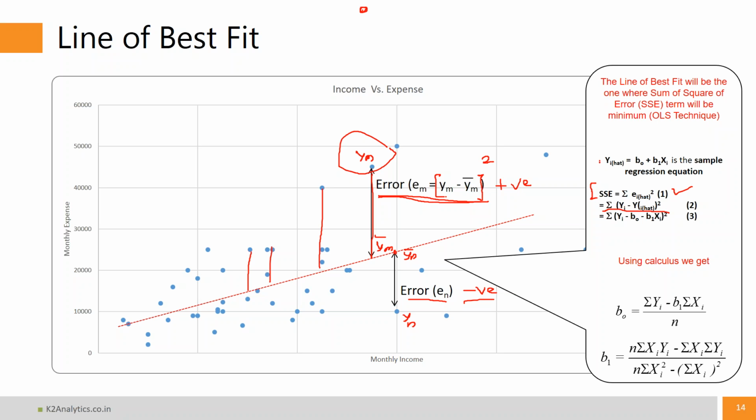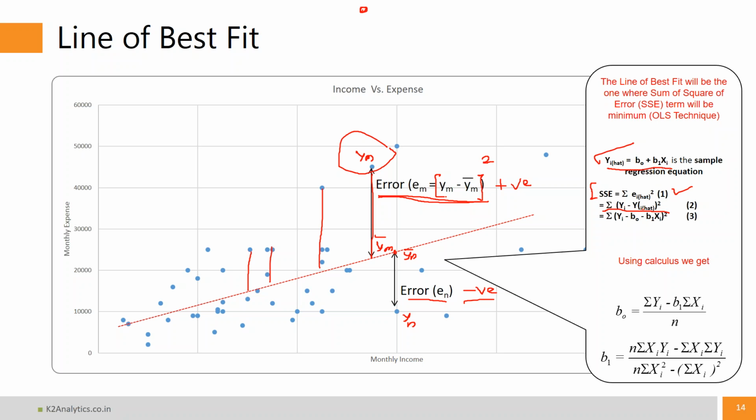In a linear equation format, the y hat value is arrived at using this kind of equation: y is equal to alpha plus beta 1 x1, or y is equal to a plus bx, or y is equal to b0 plus b1 x1, whatever you say.